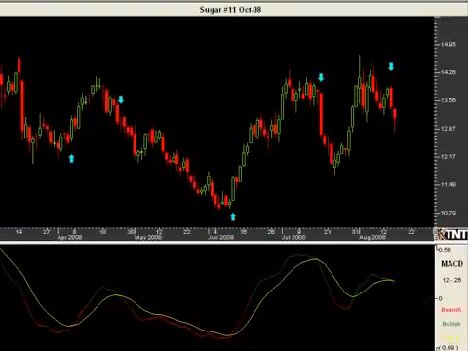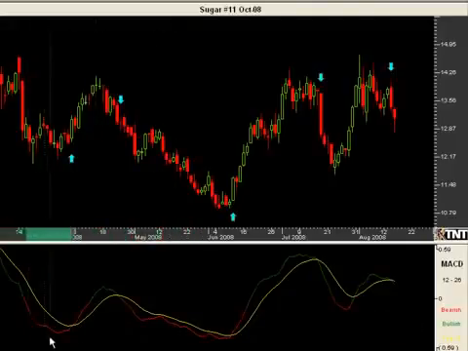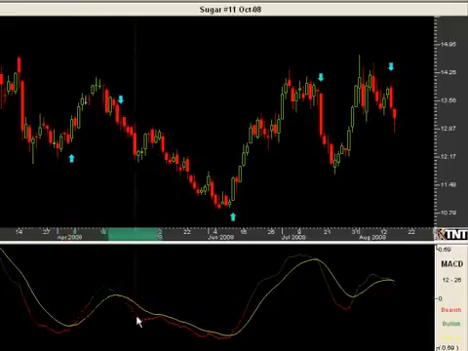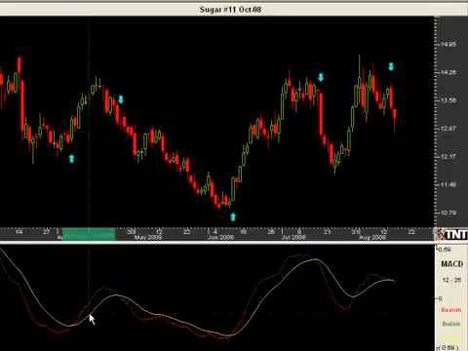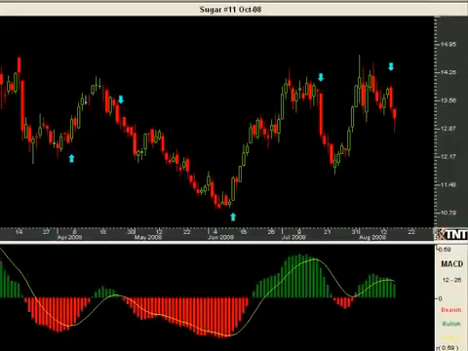The line chart would look like this, where it's the same idea, but it highlights the extremes of the histogram. This other line, this yellow line, is known as the trigger line. That is yet another exponential moving average line, and it's supposed to tell you when you should buy and sell the market.